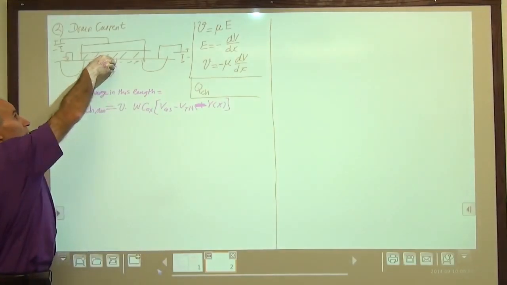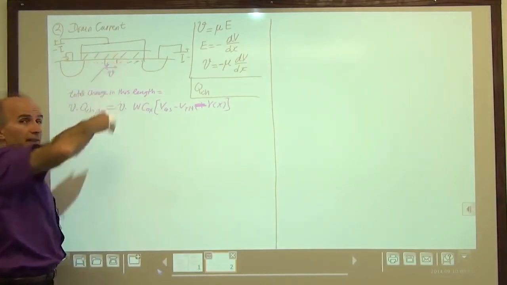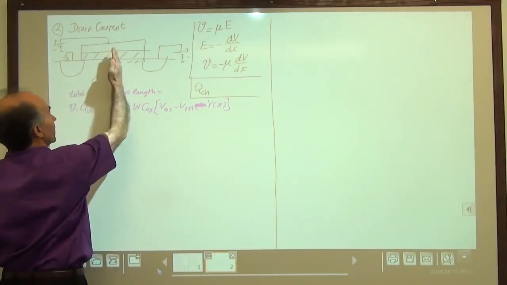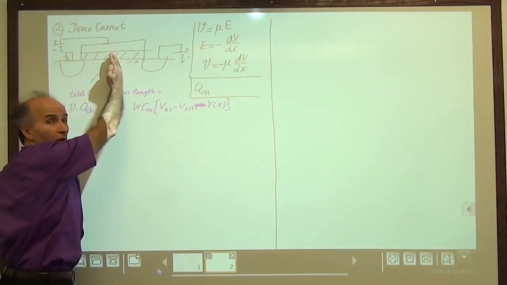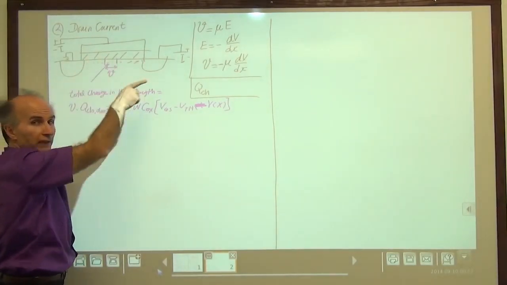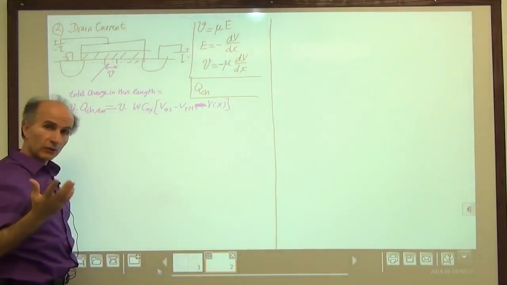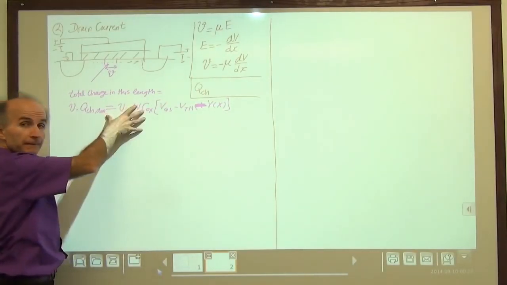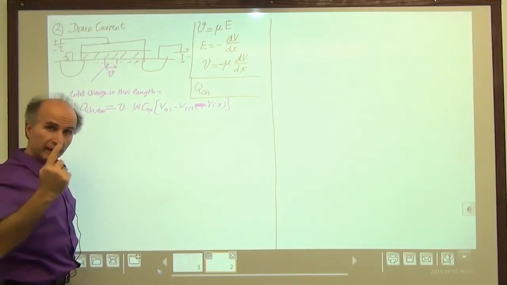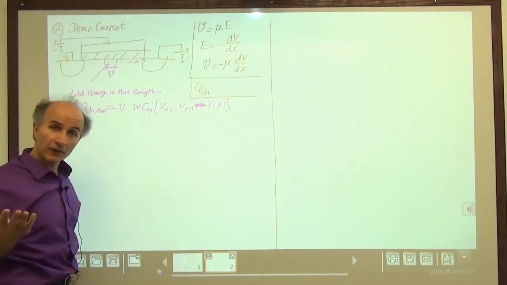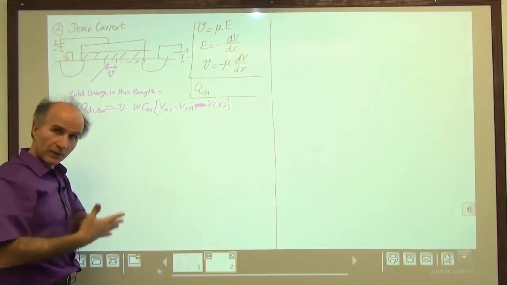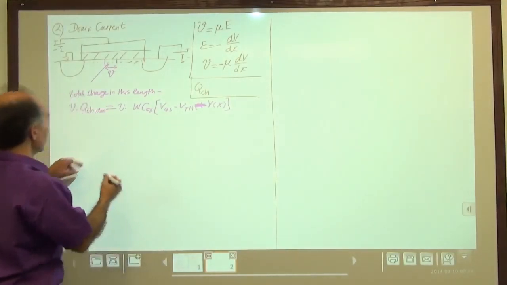So all of this charge moves from here to here in 1 second. In other words, if I sit at this interface and measure the total charge that passes from left to right in 1 second, I measure this. And that is the definition of current. Current is the total charge that passes through an interface in 1 second. So this is actually the current.